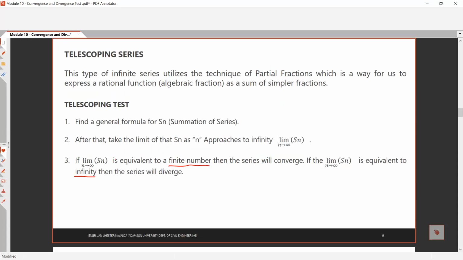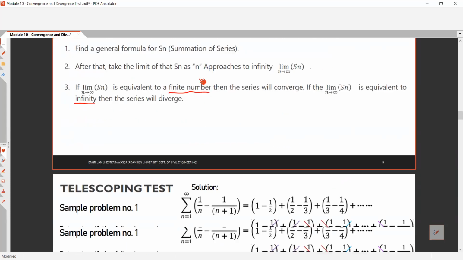Ibig sabihin ng finite number is any number, hindi siya infinite. So that is converging. However, if the limit of your summation of the series or S sub n as n approaches infinity is equivalent to infinity, then the series will diverge.